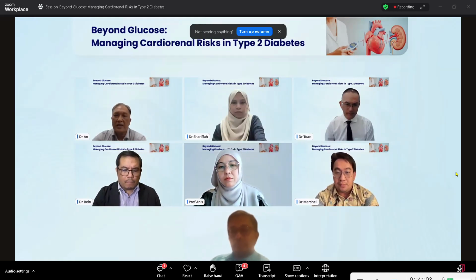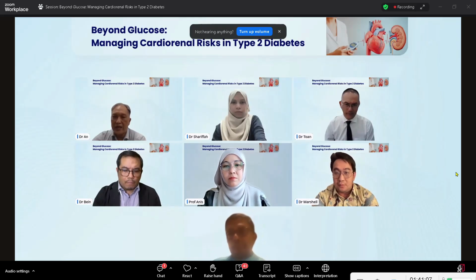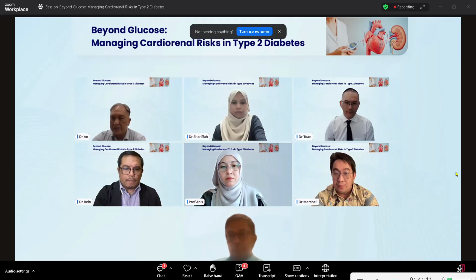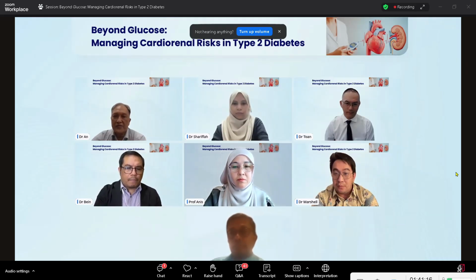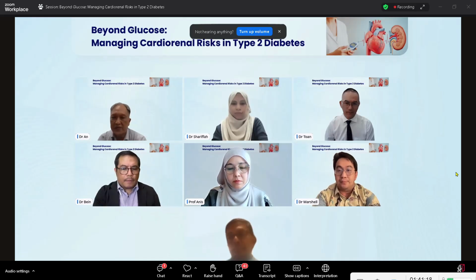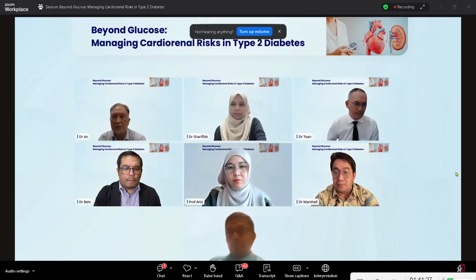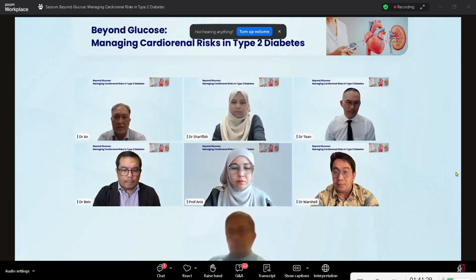The third is that SGLT2 and GLP1 are dual benefit therapy when available. That's very important. We can include this approach in cardiovascular stratification, early scheduled screening in regional research, and also in training topics for our region across Southeast Asia.